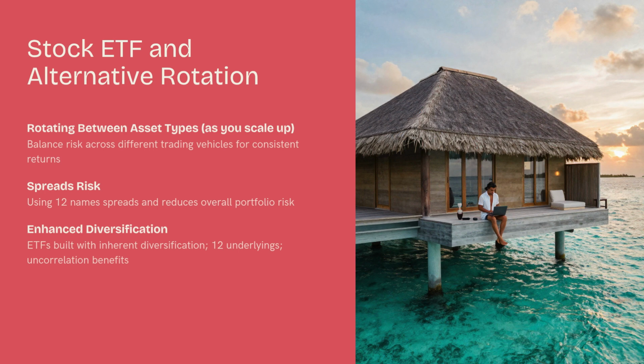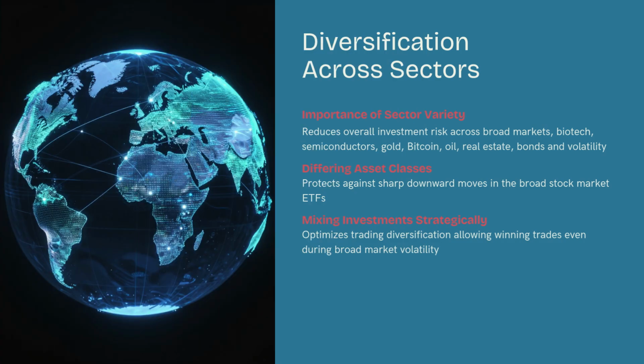We're going to talk through exactly what that means in a couple of lessons here. Diversifying across sectors is one of the main reasons that we have these 12. The different sectors include the standard stock market, your SPY, but then some specialty ETFs like biotech and semiconductors. Then commodities, where we've got gold, Bitcoin, oil, which are all three different types of assets.